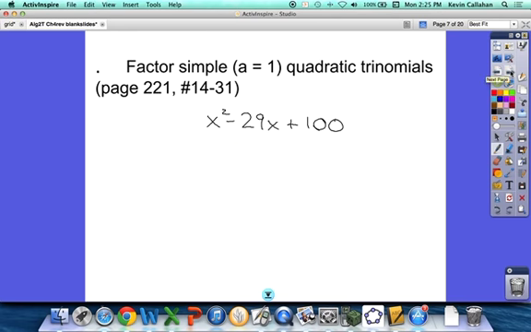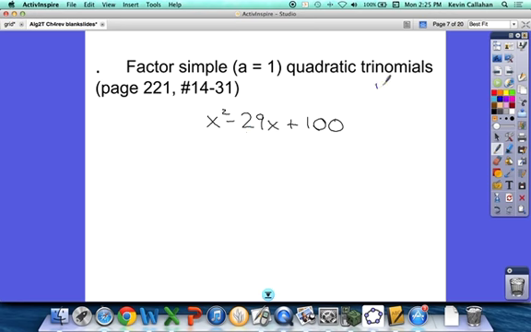Okay, factor. These are coming from our first quiz. What kind of factoring do we do? If the a equals 1, it's a one-step process, right? You don't have to do the 1 times 100. You just look at the 100 and say, what are the factors of 100 that add up to negative 29?